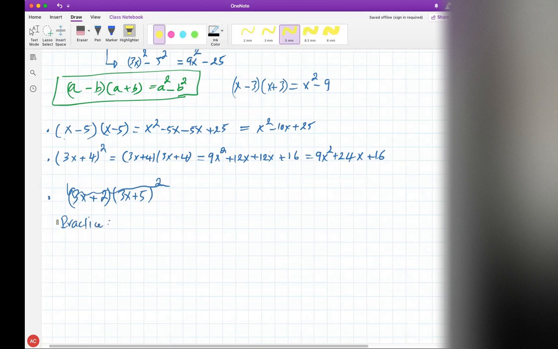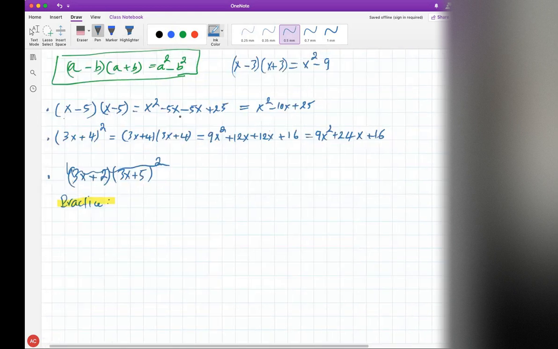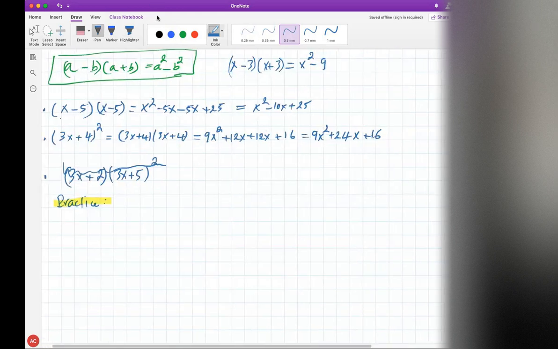So again, just like we just did, it's your turn now to try things on your own. This is where you test yourself and you see if you got it, practice it.